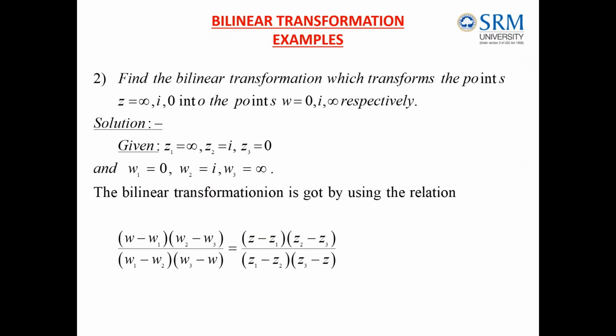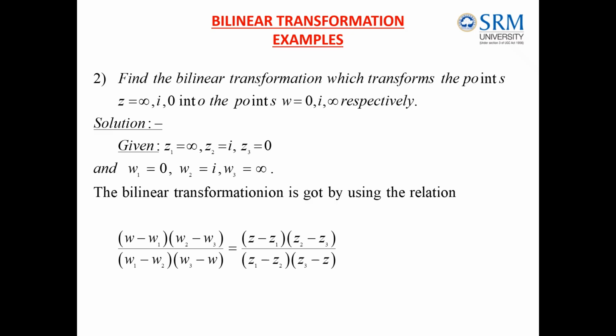Next is an example shown to you. If infinity is one of the points in Z or W, or both, how do we find the bilinear transformation? If any point is given as infinity, first we need to simplify the cross ratio formula and get rid of that point from the cross ratio.